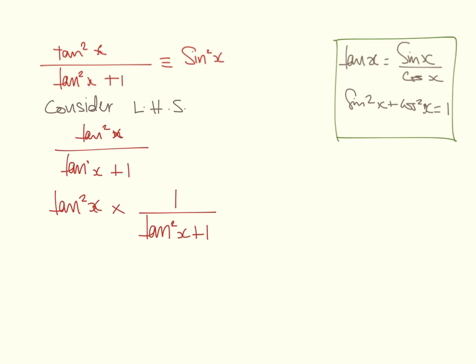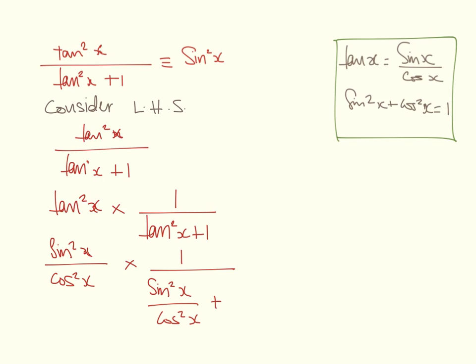So that's going to be sine square x over cos square x multiplied by 1 on top of sine square x over cos square x plus 1. So you might be thinking, oh, I've got myself into quite a lot of trouble here, because bearing in mind I need to get sine square on top there.